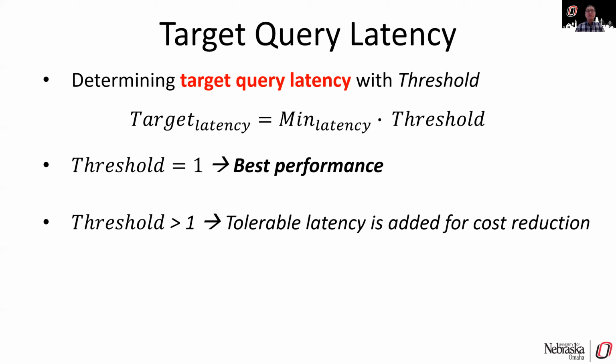If the threshold is set to 1 by users, that means the application wants to achieve the best performance and doesn't want to consider the cost. However, if they want to reduce the cost by enduring some additional latencies, they can increase this value to greater than 1. So we get the target latencies by multiplying the minimum latencies and the threshold.